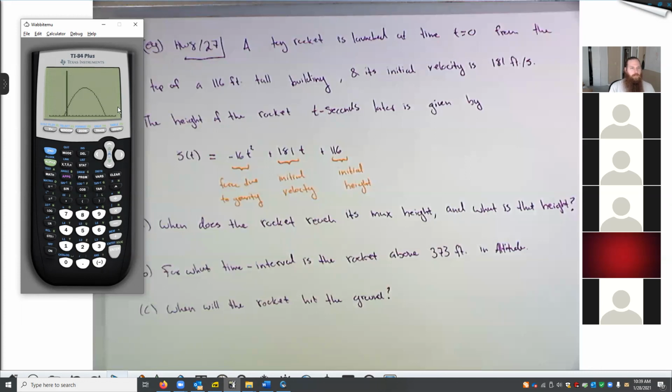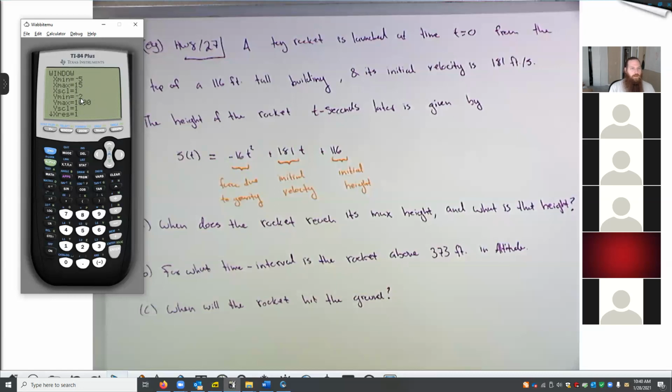If I'm not happy with the picture I get here, I hit the window button. The x min is the smallest x value I'm going to be able to see over here at -5. The x max is the largest x value I'm going to be able to see. That's over here. This is 15 right here. The x scale is how far each tick mark along the x-axis takes me.